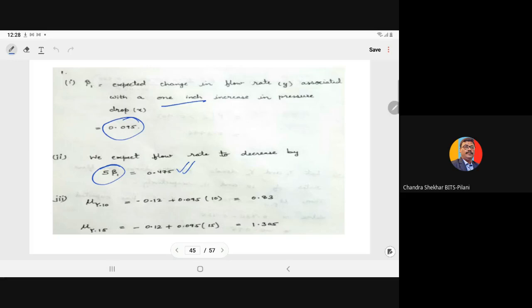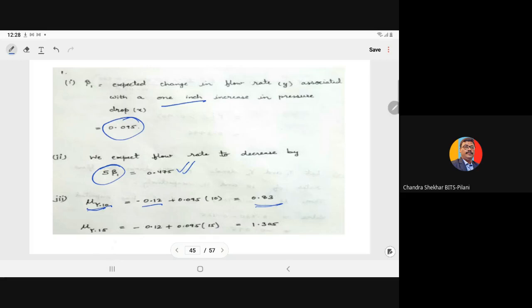So here we have to compute mu of y when x is equal to 10. In the regression line formula, it will become minus 0.12 plus 0.095 into 10. So you will get the new flow rate.